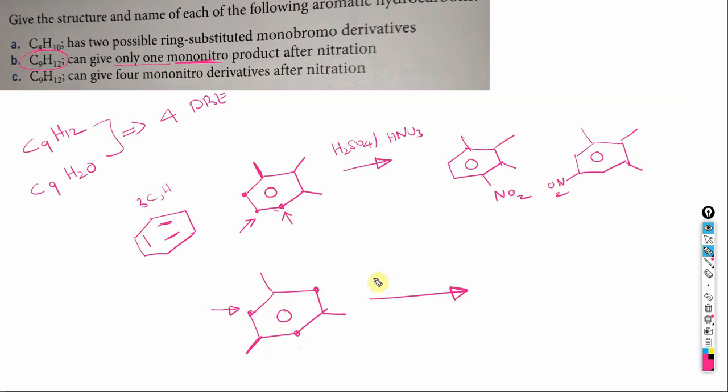And therefore H2SO4 and HNO3 is going to give you only one mononitration product, right? And that's the structure of C9H12, which is this structure here. Any other isomeric structure of C9H12 you write is going to give you more than one product upon mononitration.